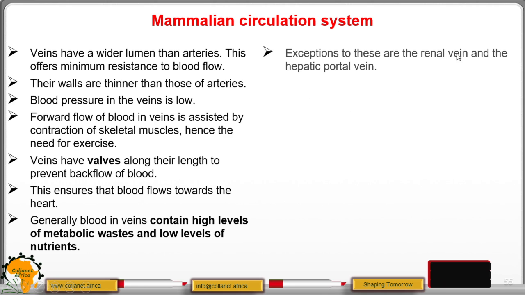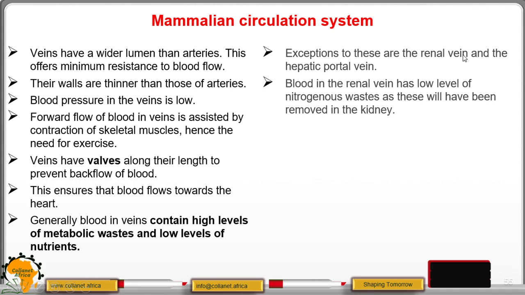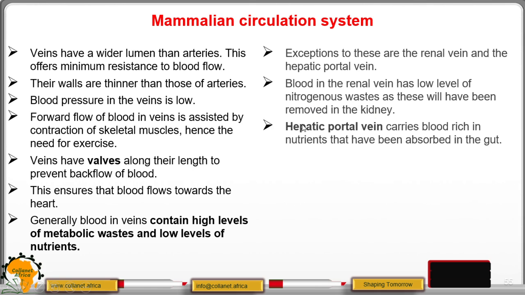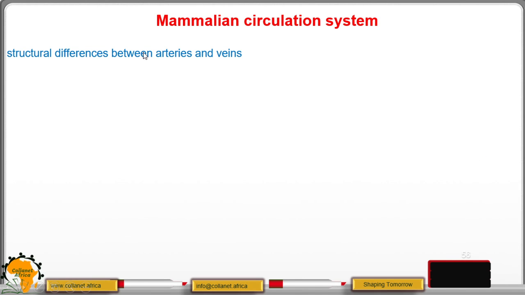The renal vein has a low level of nitrogenous waste, as this will have been removed in the kidney. The hepatic portal vein carries blood rich in nutrients that have been absorbed in the gut or the digestive system.